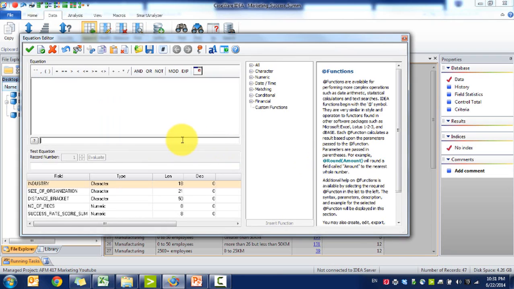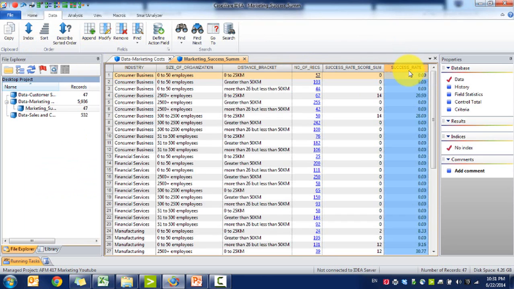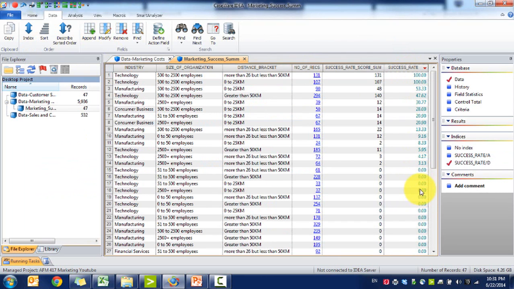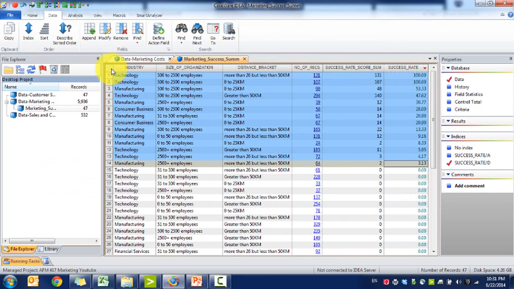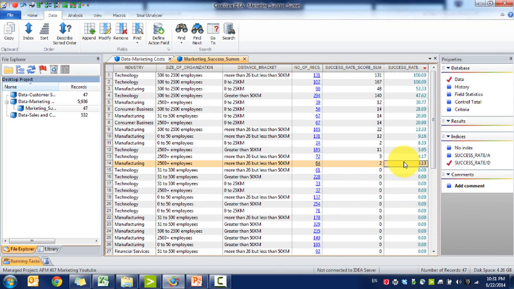It's the success rate score divided by the number of records times 100, just to make the percentage easier to read. And then what you find here is that they're only really successful in 14 out of 47 possible scenarios. So that's interesting.